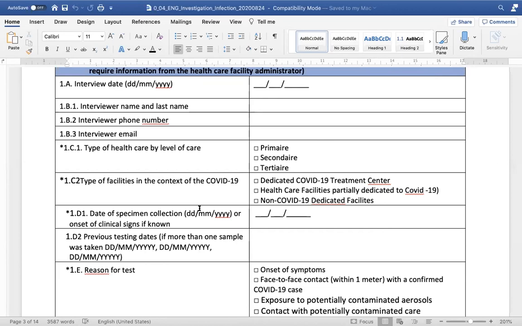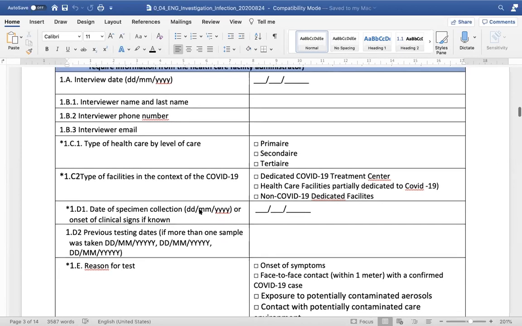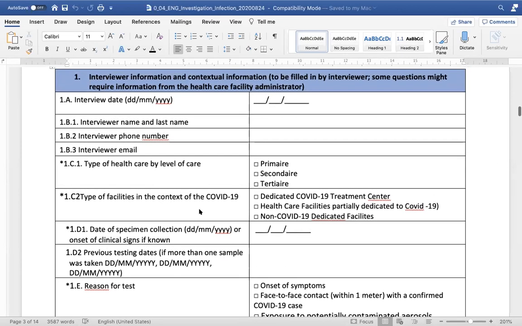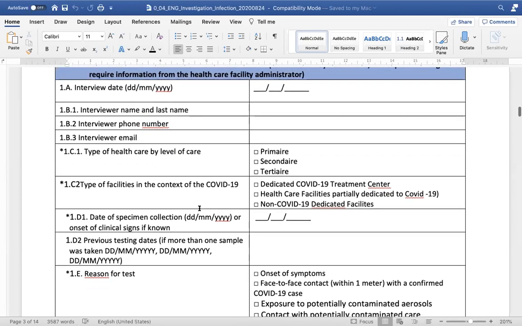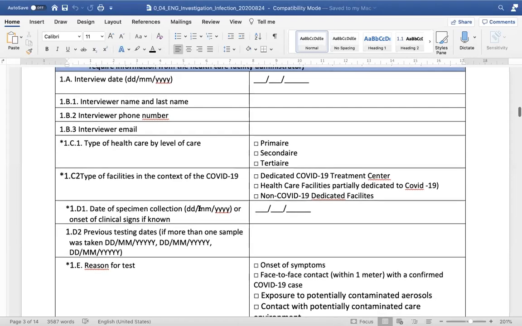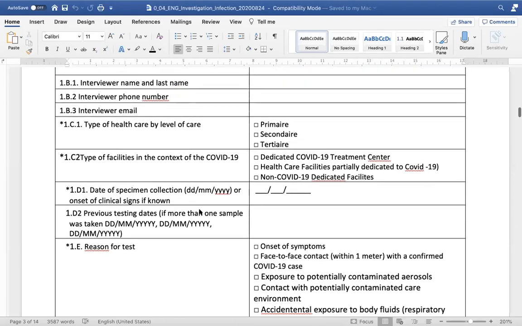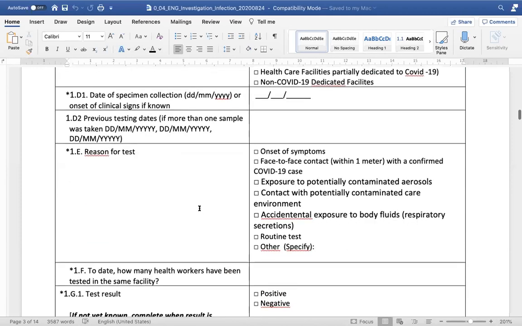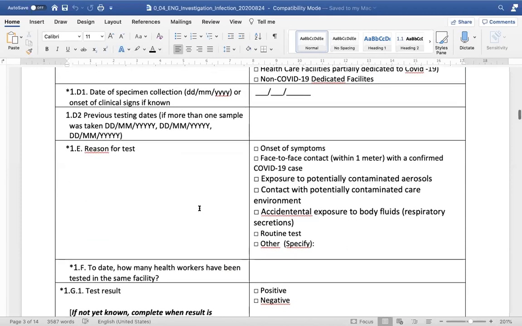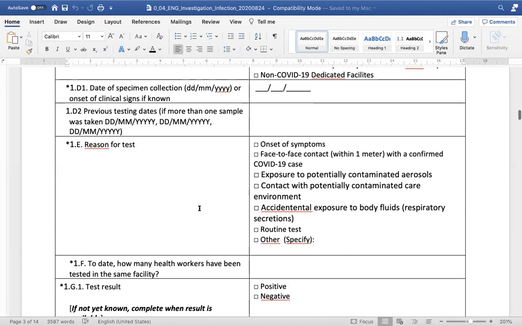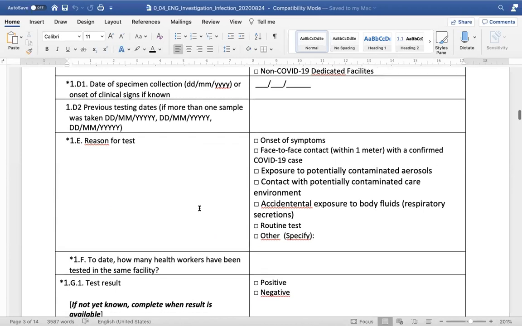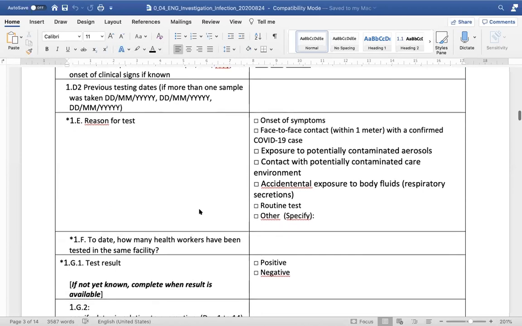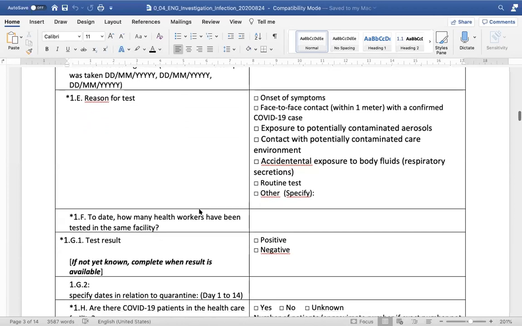And then date of the specimen collection, because as I said, this one is for those who have tested positive for COVID. And then the previous test date, if any, you have to indicate it there. The reason for the test, there are options there for you to choose from. If you don't find the option for doing the test, then you can specify the reason for the test.